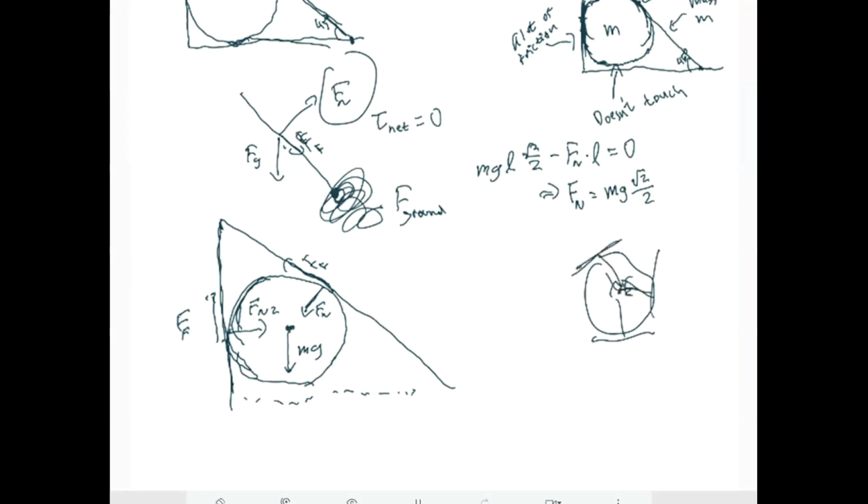Any normal force possible is always pointed towards the center of the cylinder. So if it's pointed towards the center, that means that there's no torque. So we can basically ignore all of that. And also gravity, right?